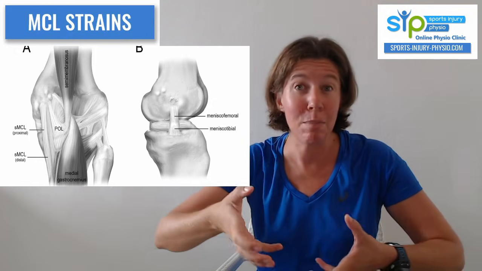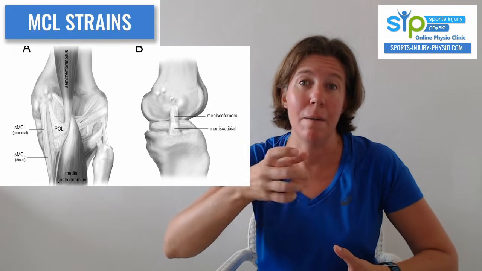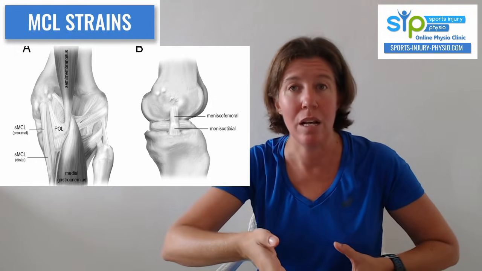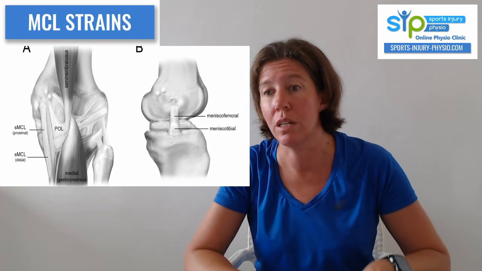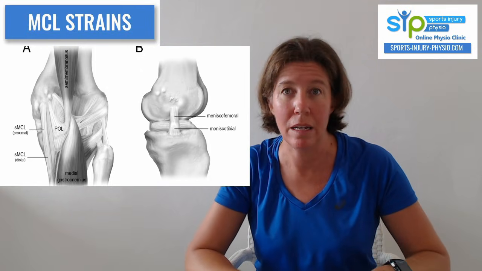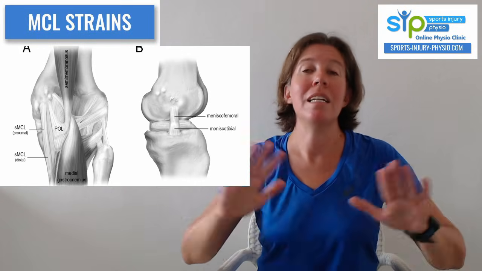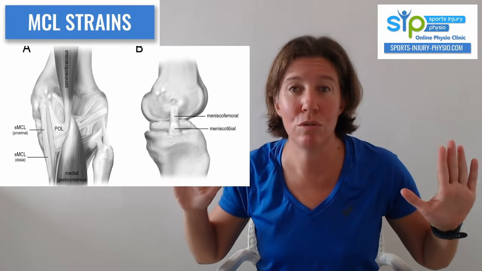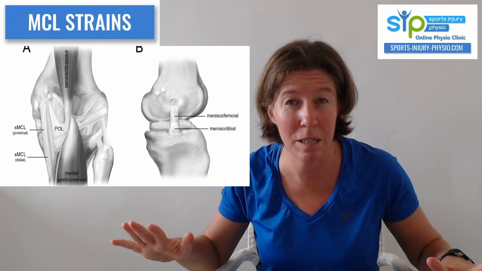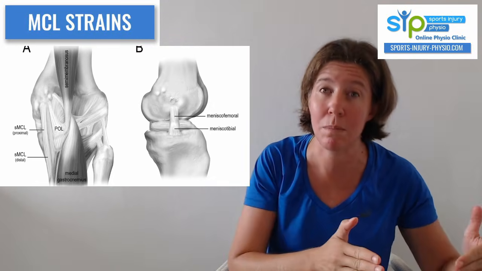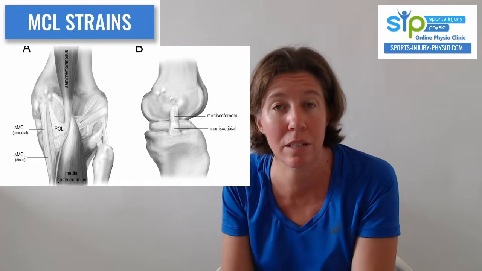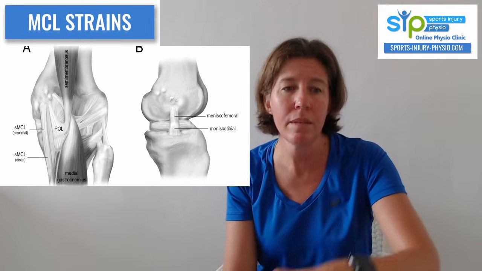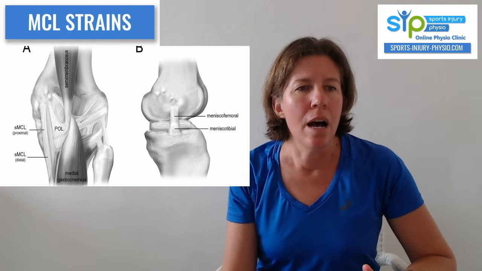Whereas if you only have pain and laxity in the 30-degree knee bend position, it's more likely just the superficial MCL that you've strained. But to be honest, that really doesn't matter to know specifically for your treatment, because treatment is according to symptoms and according to what the patient reports to you. So it's just for interest's sake.